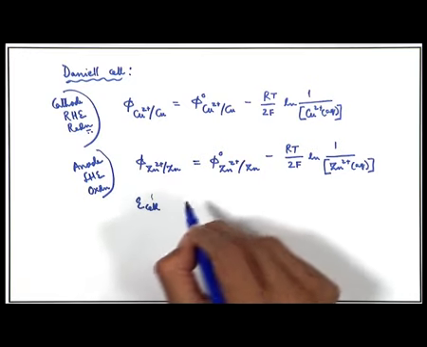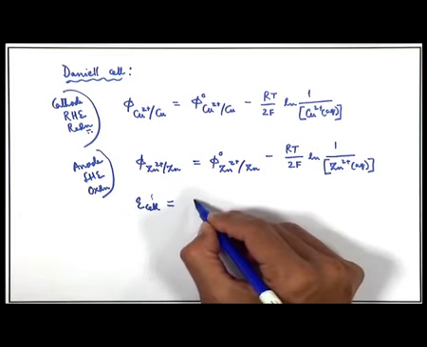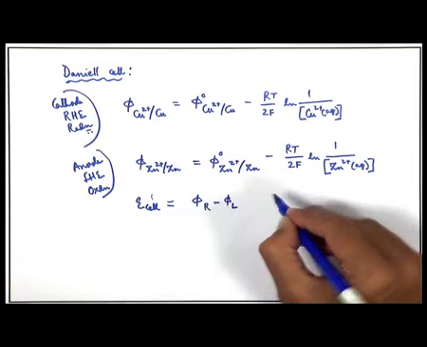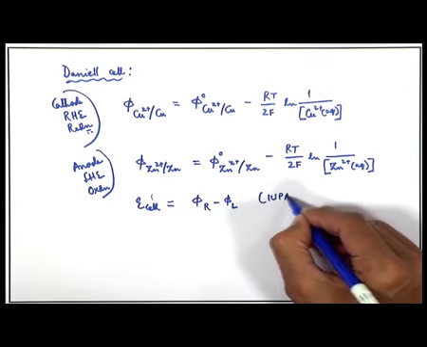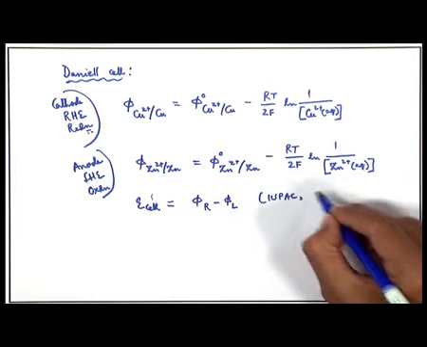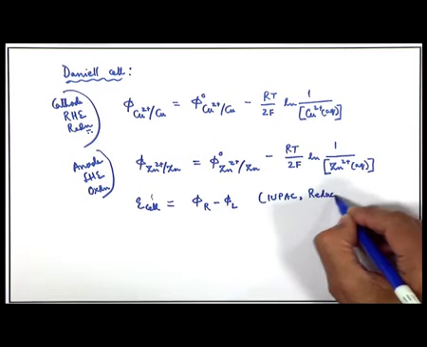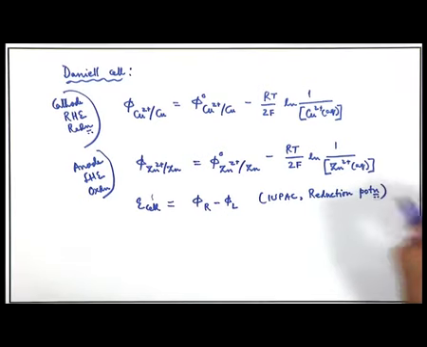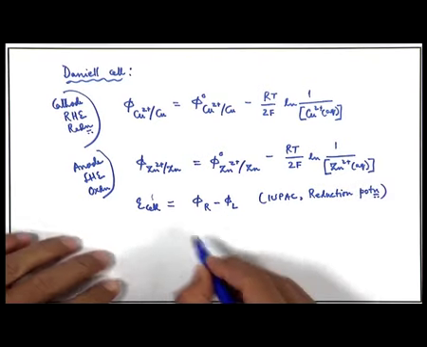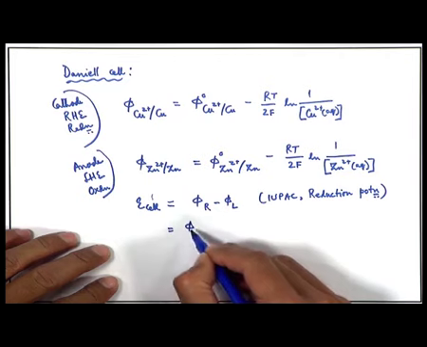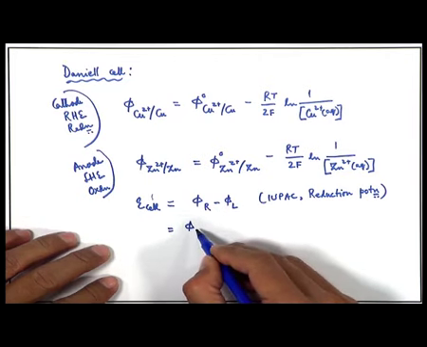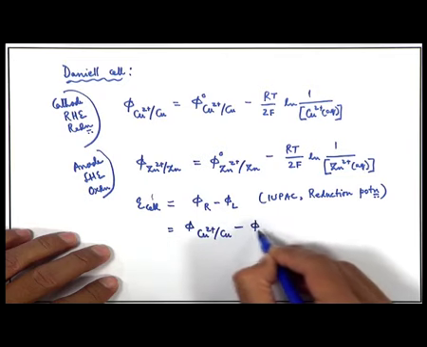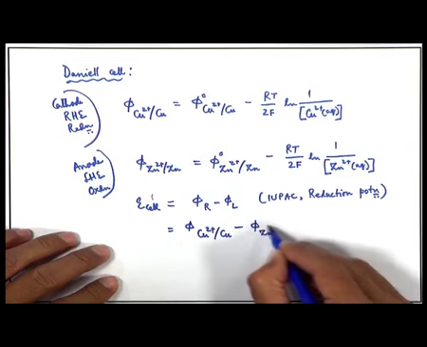We get E cell is equal to, again the same thing, phi right minus phi left, as per IUPAC, with reduction potentials. So, it is phi right minus phi left, meaning phi Cu 2 plus Cu minus phi zinc 2 plus zinc.